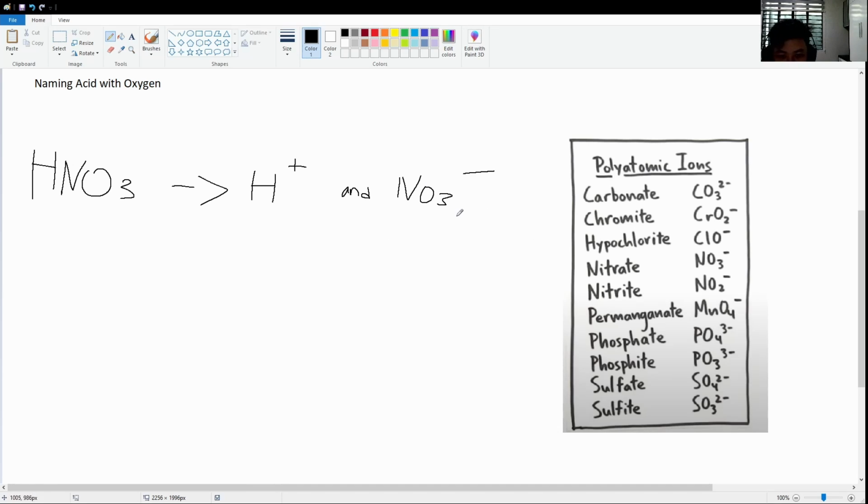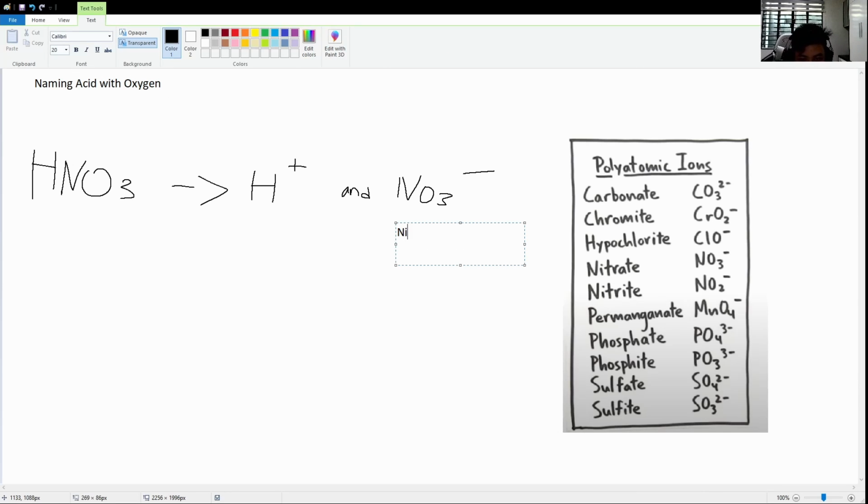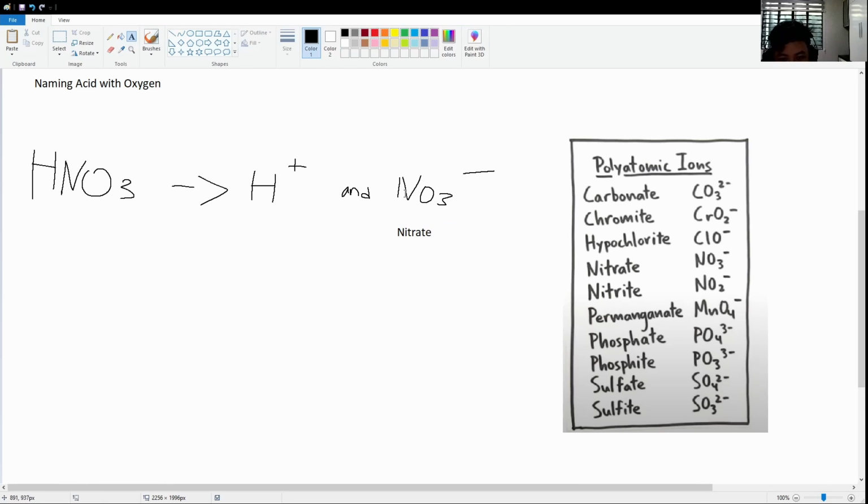So NO3 minus is nitrate. First we're going to write this here, nitrate. Then we're going to be using this rule.